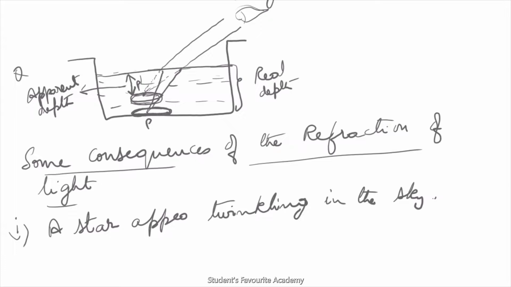So, whenever the light passes through these rarer and denser media, or denser to rarer medium, what is happening? The light ray is undergoing refraction at every place. So because of this refraction, we are able to see multiple images of the star formed. So because of that, we feel as if the image is shifting or the star is twinkling in the sky.